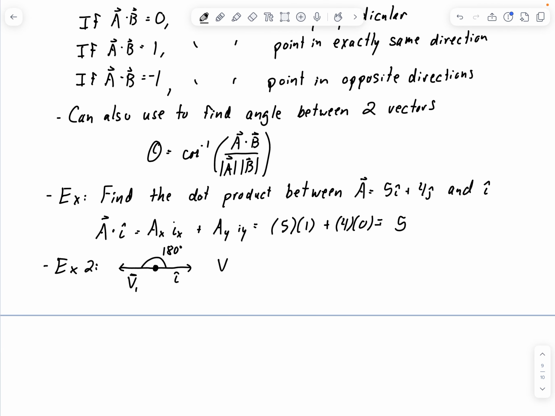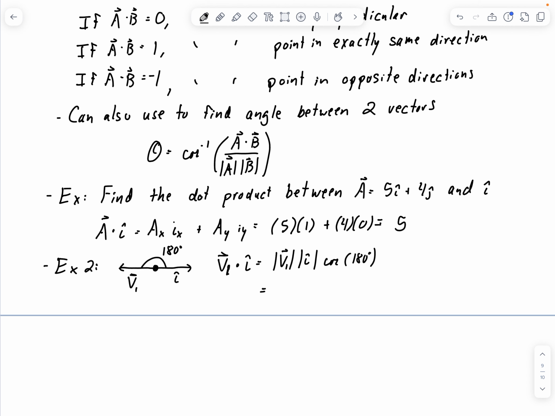And so we want to take the dot product between v1 and I. To do this, we're going to use the geometric definition, where we take the magnitude of v1 times the magnitude of I times cosine of the angle between the two, which is 180 degrees.